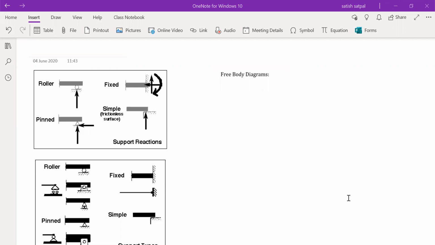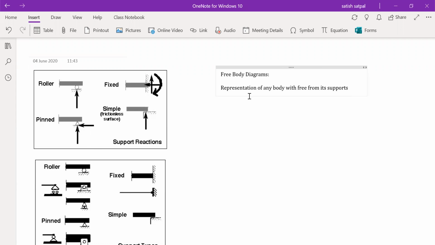Okay, we'll see here. Free body diagram, basically, it is a representation of any body free from its supports.